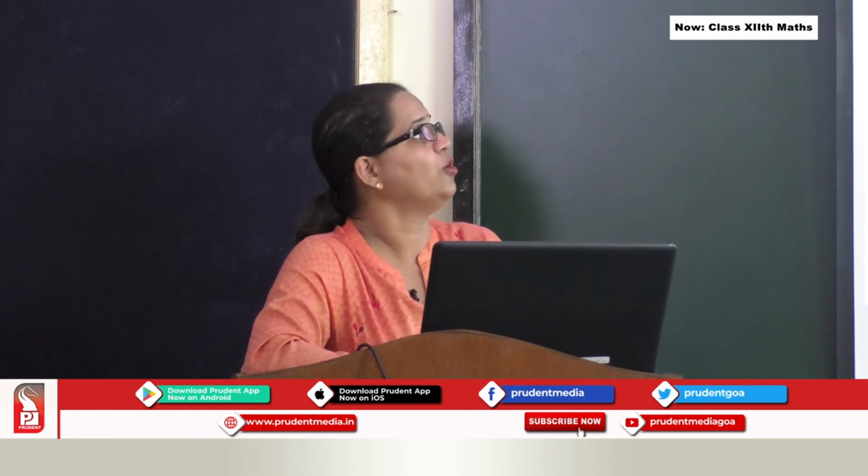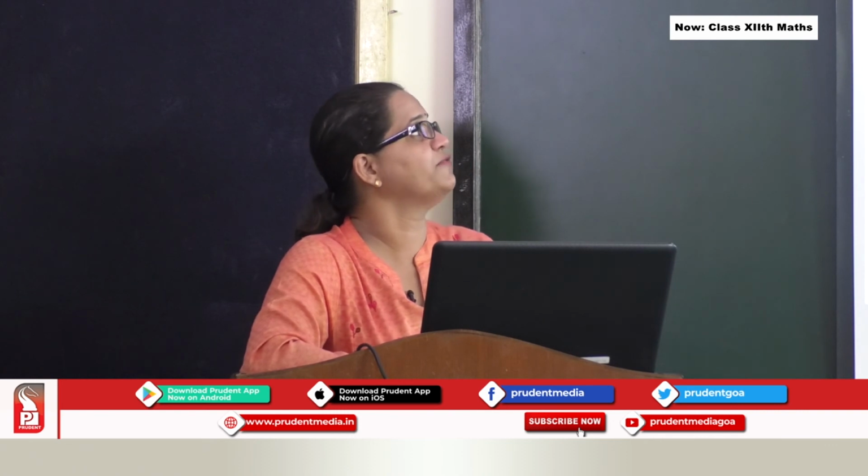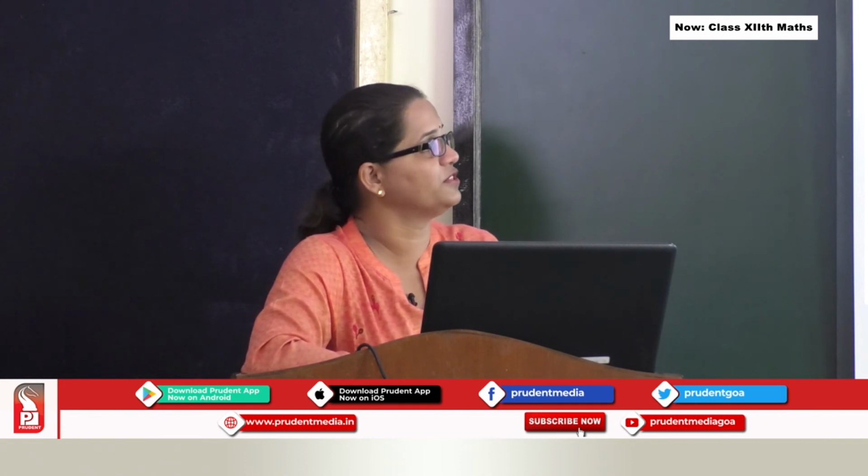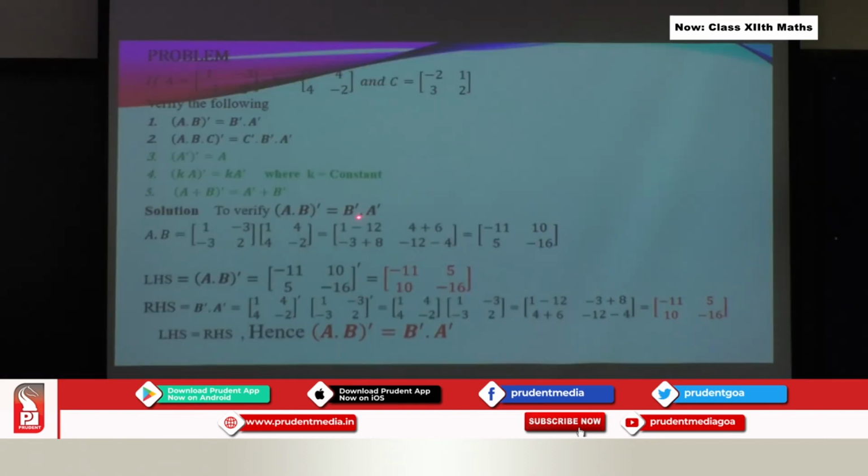Now here, all these properties we discussed before. A into B the whole transpose equal to B transpose into A transpose. I am talking about the first one. This is my LHS, this is my RHS. Now to get my LHS, I have A into B in the bracket. I am multiplying two square matrices, so the final output will again be a square matrix.